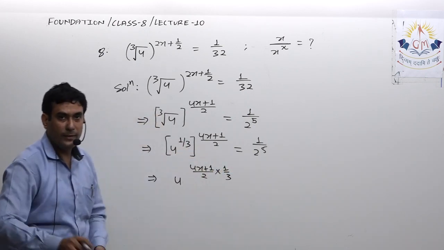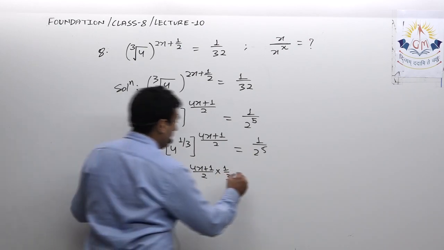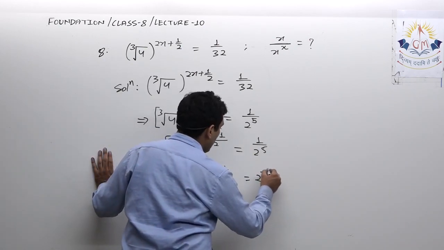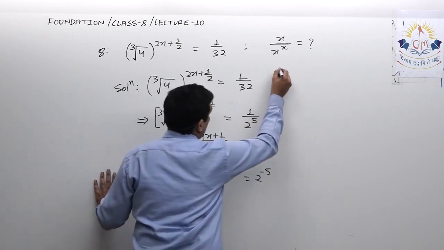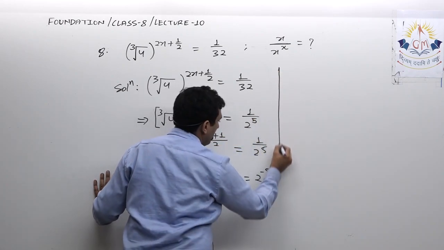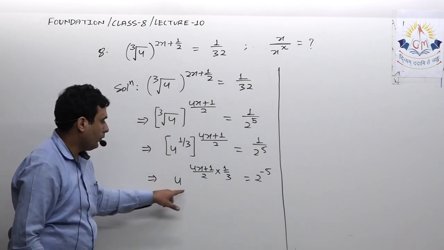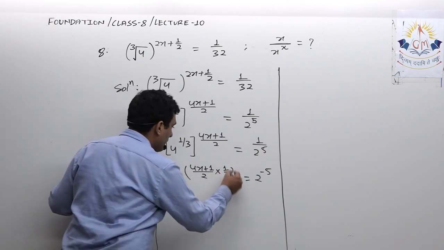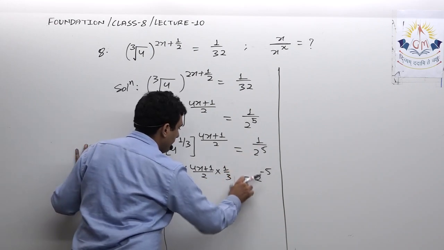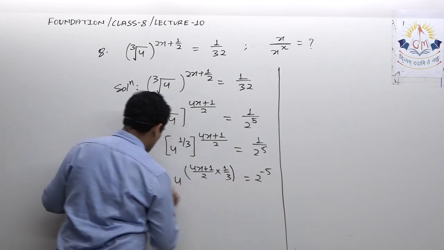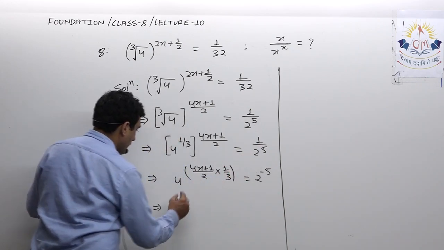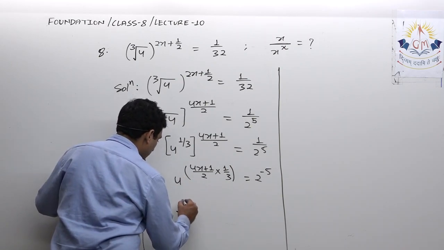Power to power, so we'll multiply the powers, is equal to 2 raised to minus 5. Now here right hand side has the base 2, left hand side has base 4. So now I will convert the left hand side in the form of base 2. So this is 4. Now 4 is 2 raised to 2.